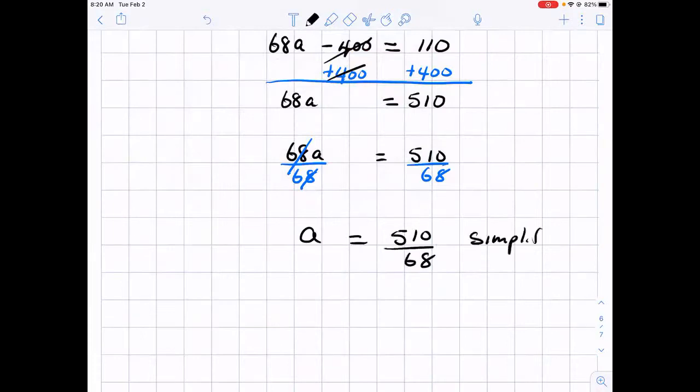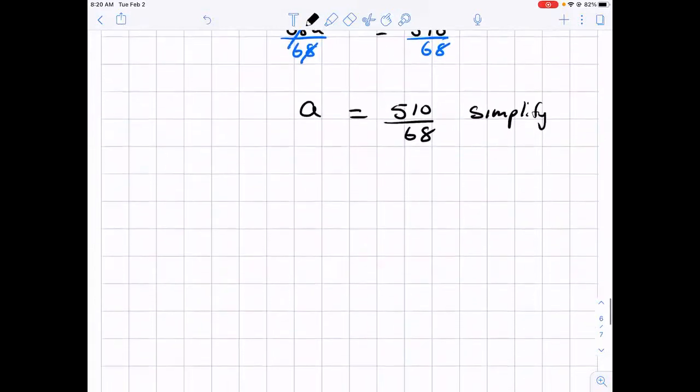Notice you can simplify this. How do I know that? Anytime the number ends with 0 or an even number, it's always divisible by 2. So I'm going to try 2. 510 divided by 2, 2 2s are 4, 2 5s are 10, 2 5s are 10, that's 255, and 68, 6 divided by 2 is 3, 8 divided by 2 is 4.